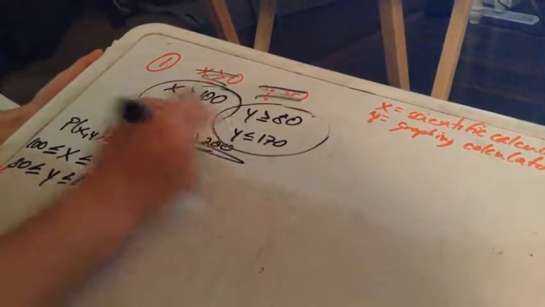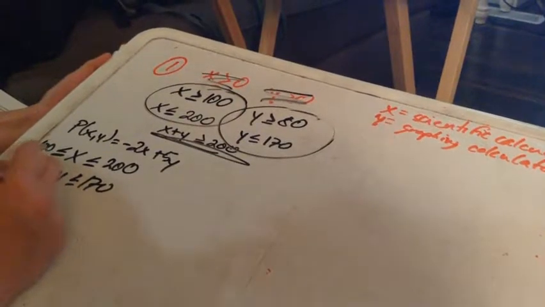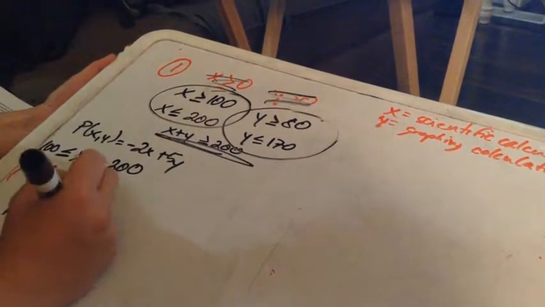We can also rewrite this bottom equation to y is greater than or equal to negative x plus 200.